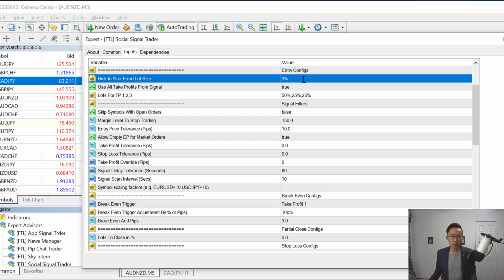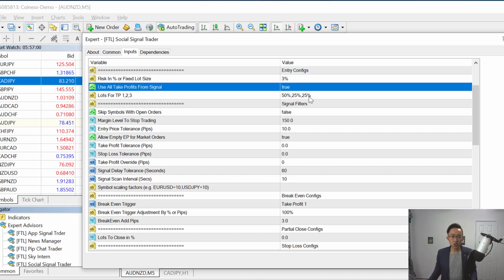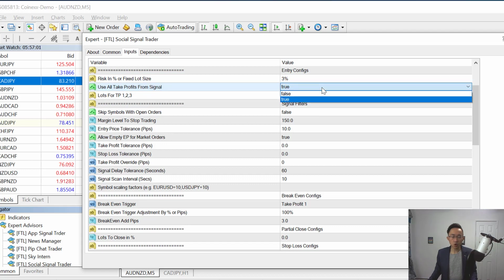Let's say we want to set it to 3% of my account all the time. This next one means it's going to use all the take profits from the signal. If your signal has 3 take profits, then it will use all of them. If you set it to false, it's going to set your take profit to nothing, meaning it's going to leave it open, and then you're probably going to close the trade using a trailing stop, or do it manually.